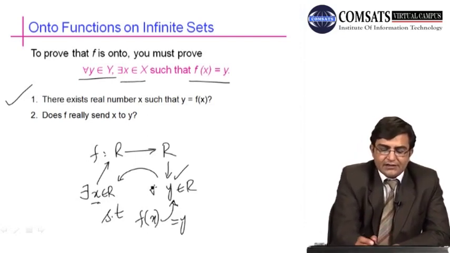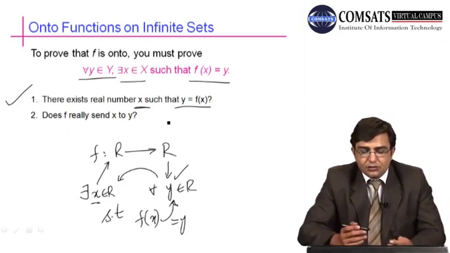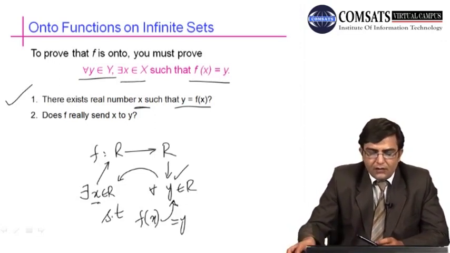First we shall prove that there exists a real number x such that this holds, and then we shall prove that this function f really sends x to y or not. So there are two steps to prove functions to be onto.